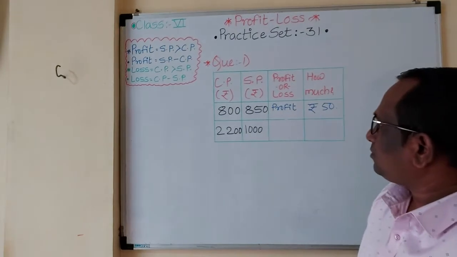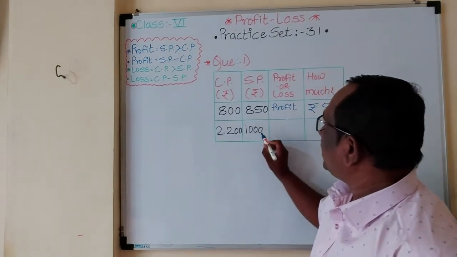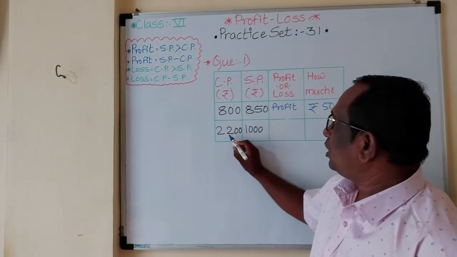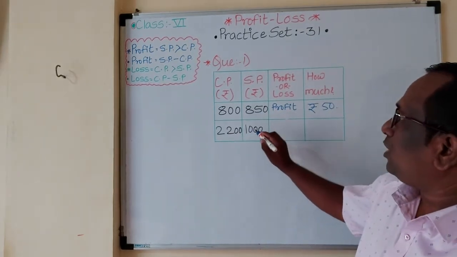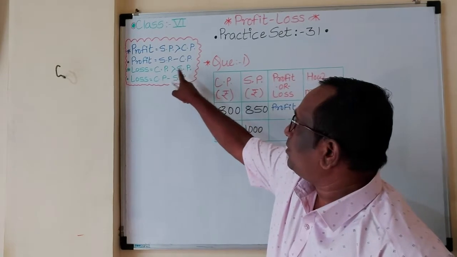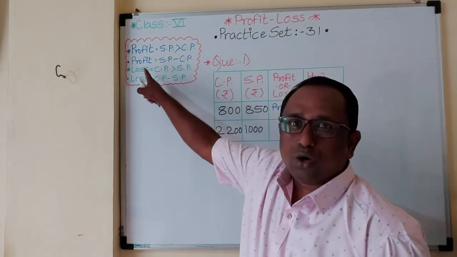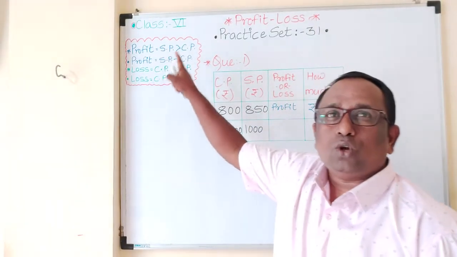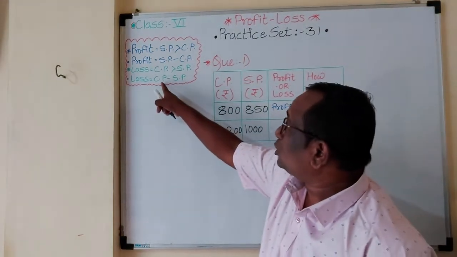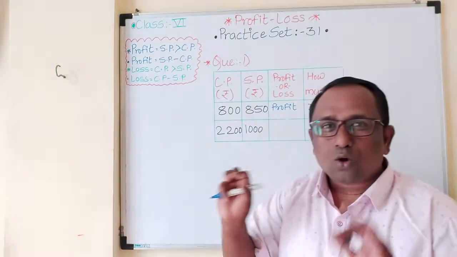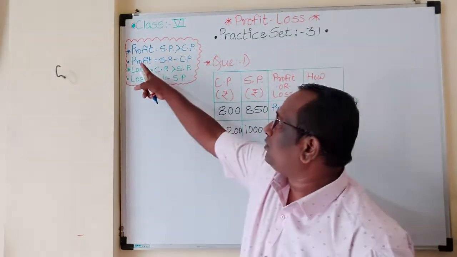Now here cost price is greater than selling price. Cost price is 2200, selling price is 1000. When cost price is greater than selling price, we get loss, and here we have to find the loss. Loss is equal to cost price minus selling price. These two formulas are very important.